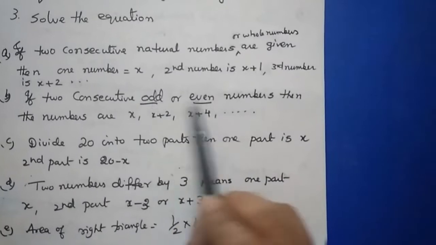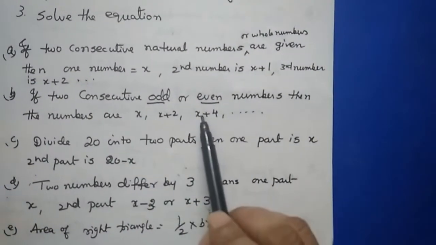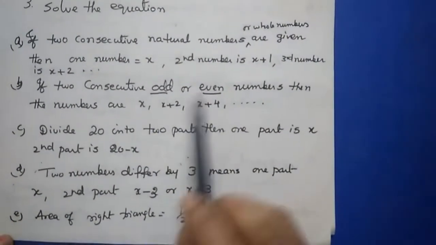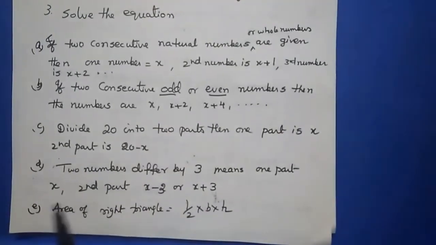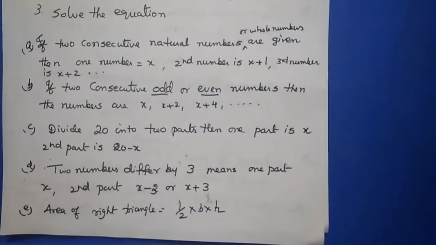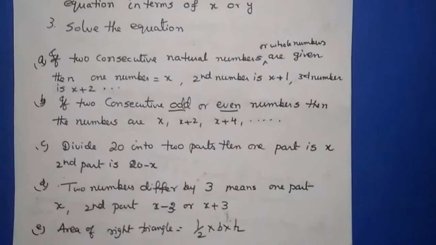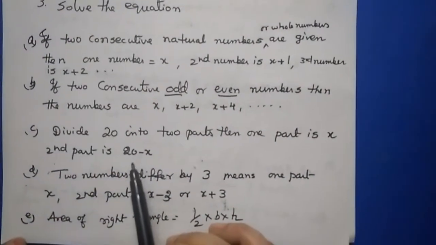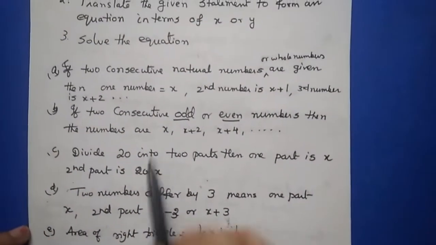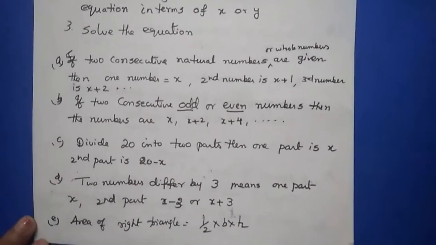For both odd and even, you have to take this because the difference is 2. Next, divide 20 into 2 parts, as given in the question. Then you have to take one part as x, and the second part as 20 minus x. All these points you have to remember. Then you can make the equation.